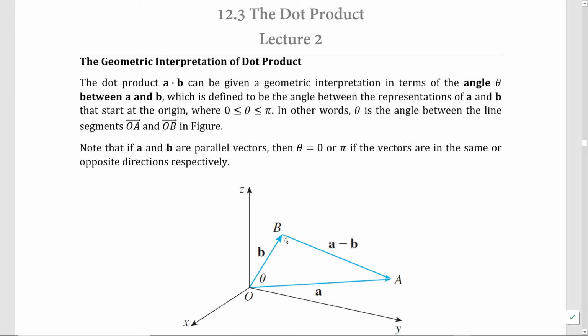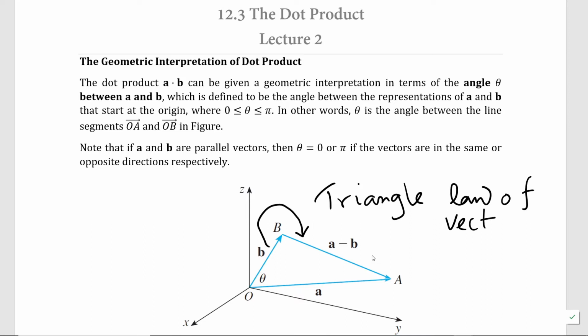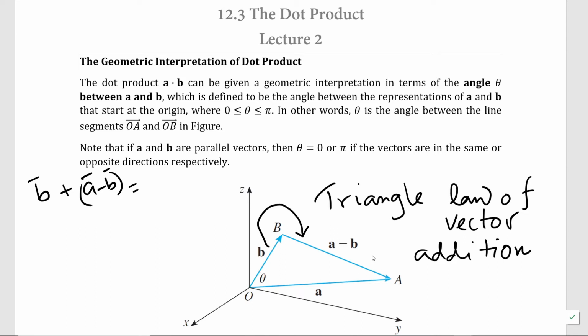The directed line segment BA is the representation of the vector A minus B, because if we add this vector to B by following the triangle law of vector addition, we get B plus A minus B, which simply gives us the vector A, the resultant OA.